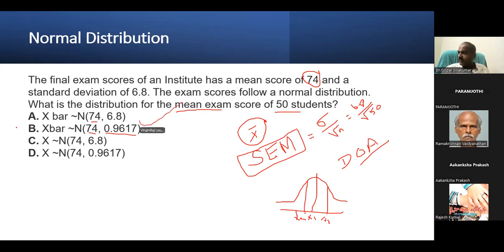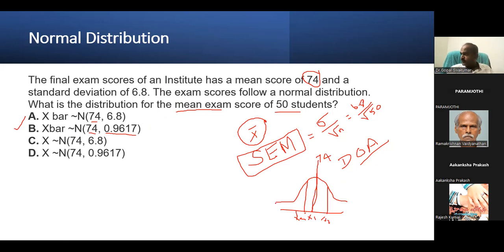So what is the correct answer? Option B, 74, is the correct answer. The average mark is normally distributed, and the average of the averages will appear in the center. This will be equal to the population average.